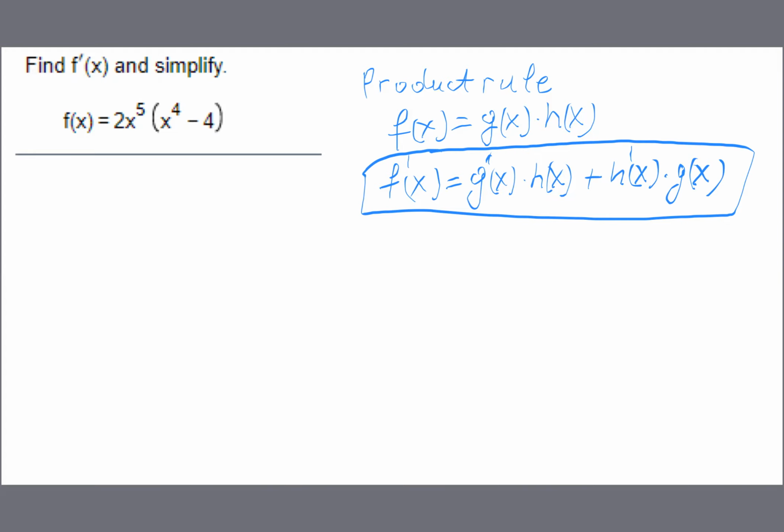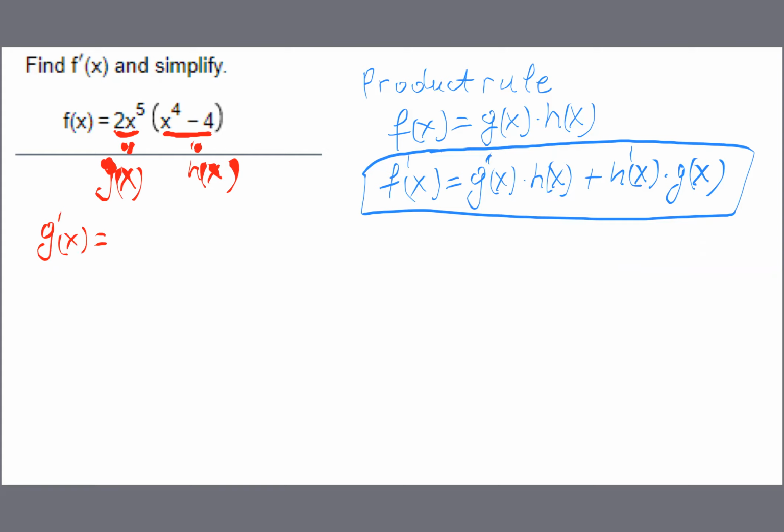In our case, f of x is 2 times x to the 5th, and we can look at this as g of x, and x to the 4th minus 4, we can look at that as h of x.